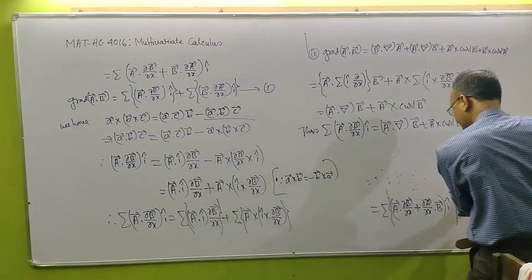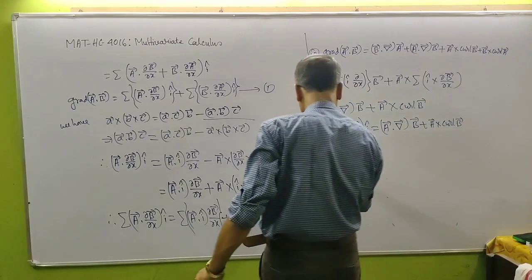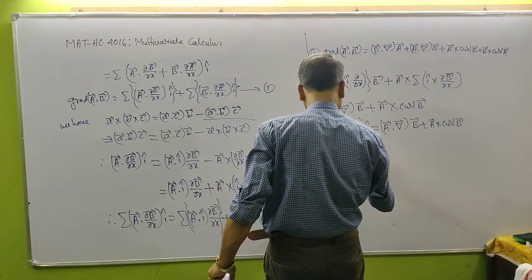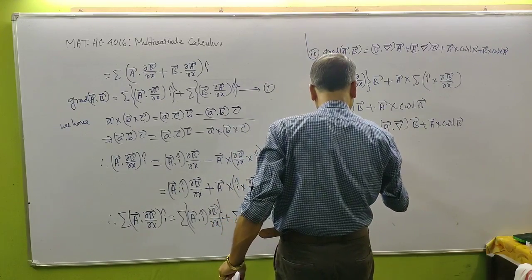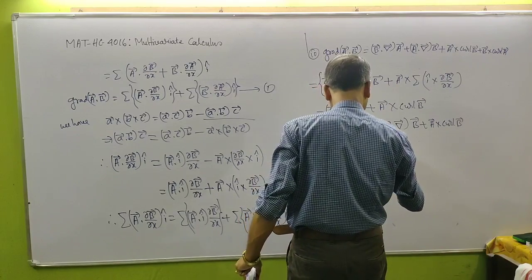Curl of B vector. Similarly, summation B dot del A by del x i cap.